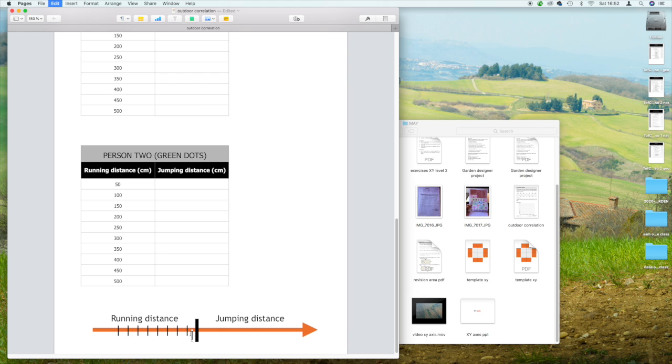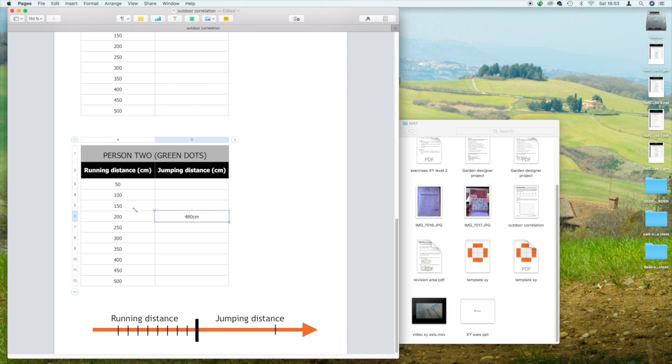Imagine I land here. What do I need to do? I need to measure the distance from here to there and place that new measurement here in jumping distance. Imagine, I don't know, you jumped 480 centimeters.